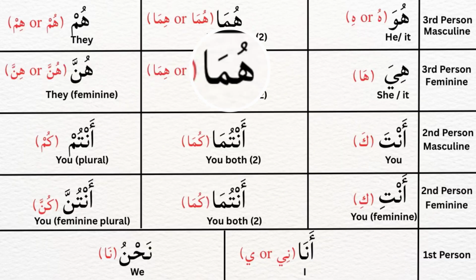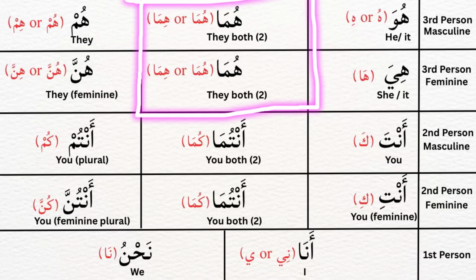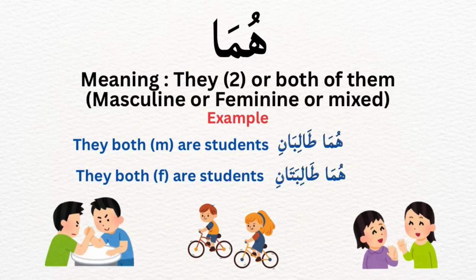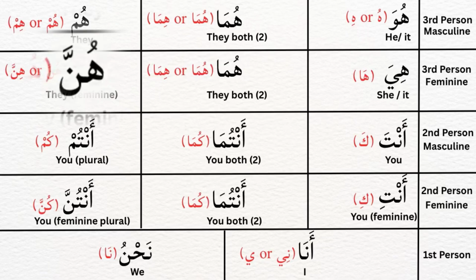Next, huma. Huma is actually common. You can use it for both male and female, only males, or only females. It means they two or both of them. Example, they both are sisters: huma ukhtani. Next comes hunna.